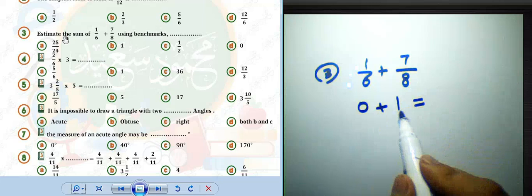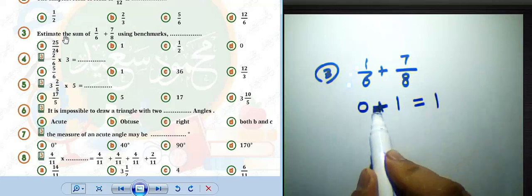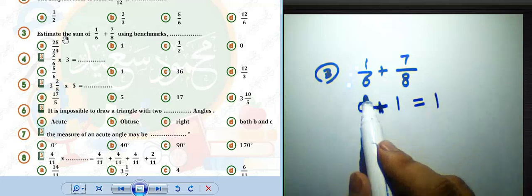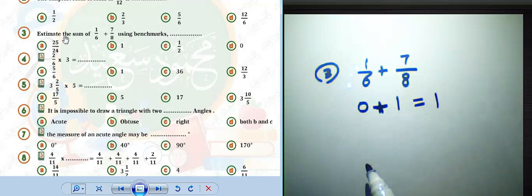Then 0 plus 1 equals 1. So the estimation by using benchmarks will be 1. In this example, choose letter B about question number 3.